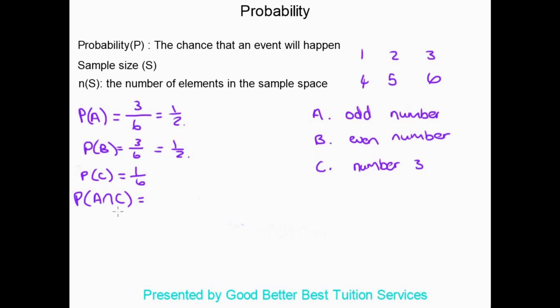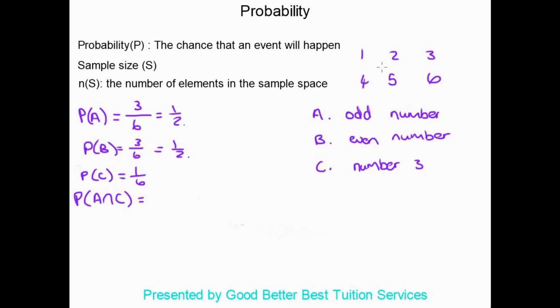And so if we do that, what we need to do is combine the rules or the events. So A and C, so that's an odd number and the number 3, okay? And so basically what ends up happening is we say it has to be an odd number and it has to be the number 3, okay? So we first have to check for our odd numbers, but then we have to look for the number 3, okay?